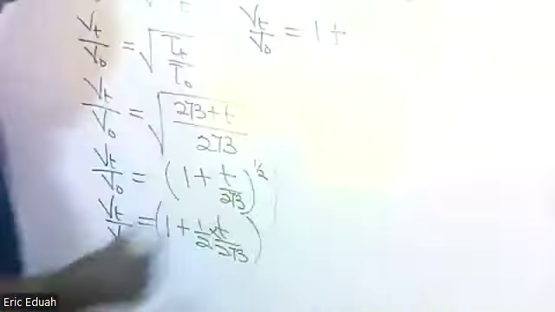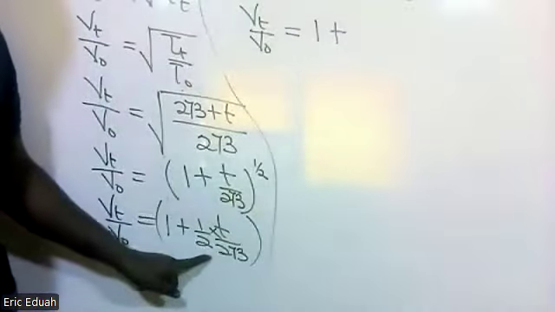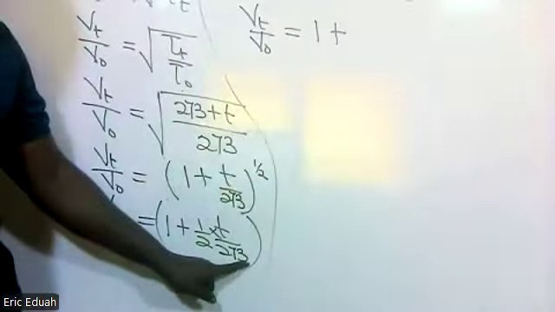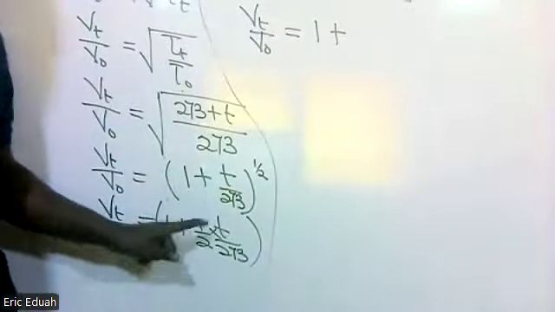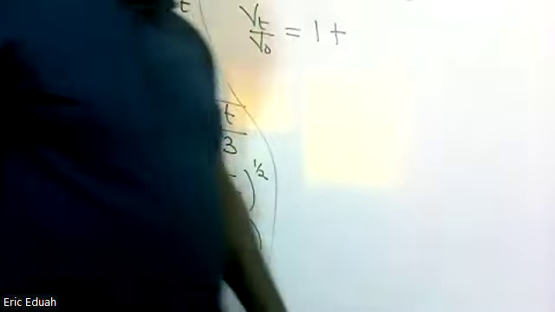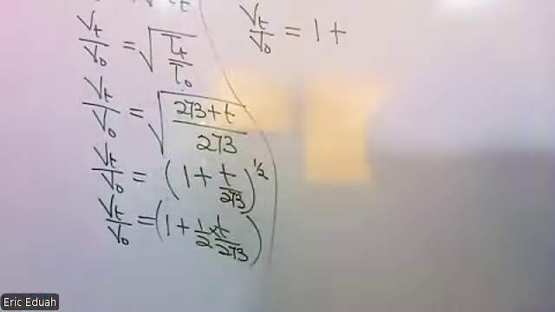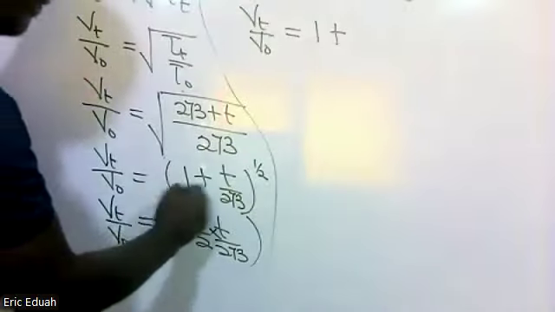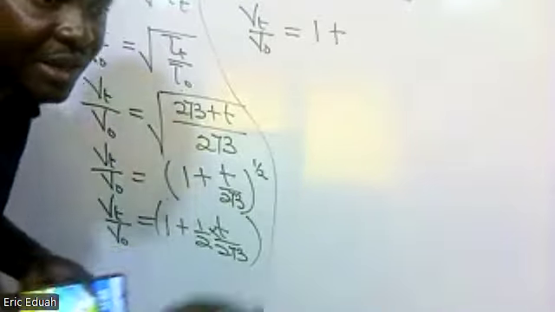1 plus half t on 273. Multiply 273 by 2 and then divide 1 by the result. Yeah, please, I still don't get that part. In binomial expansion, as you expand, the first two terms will give you a larger value.